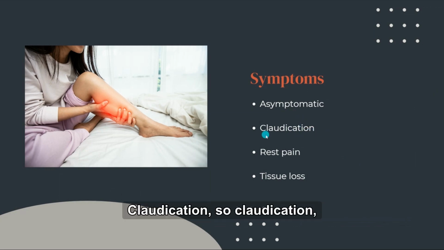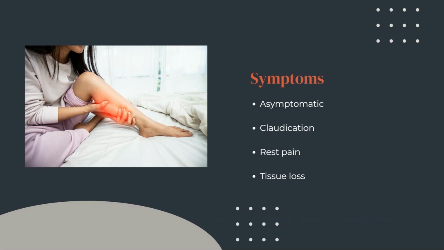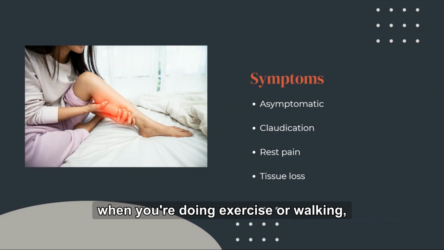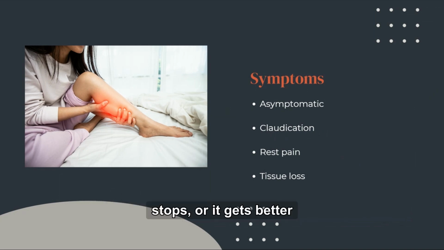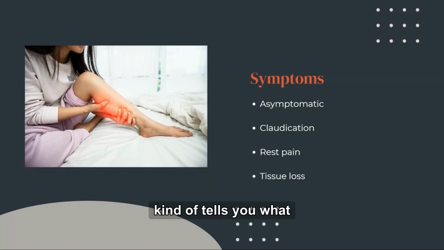Claudication. You may or may not have heard of that term, and it's basically a muscular pain, an aching pain that comes on when you're doing exercise or walking, and classically it stops, or it gets better, when you stop doing the exercise. So you stop, you take a breather, and it's gone away, and you can start walking again. And actually where the claudication is tells you what sort of lesion you might have.